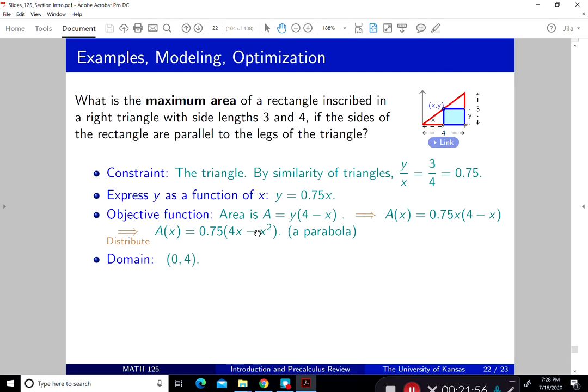Find the vertex. What is the vertex? And find the domain and make sure that the parabola is achieving its maximum within the domain. By the way, the domain is between 0 and 4, because the smallest amount x can be is 0, the largest that it can be is 4, and that's when the area is going to be 0.